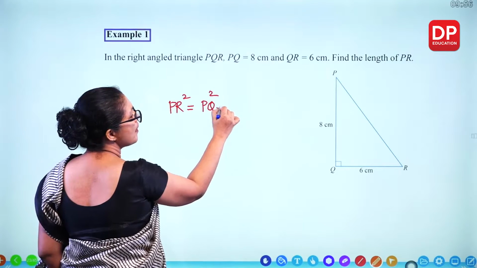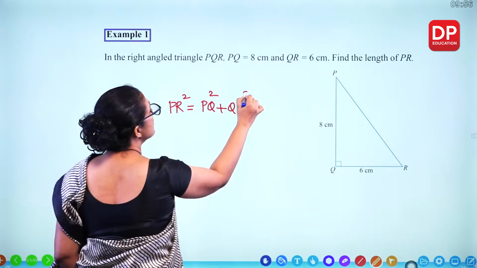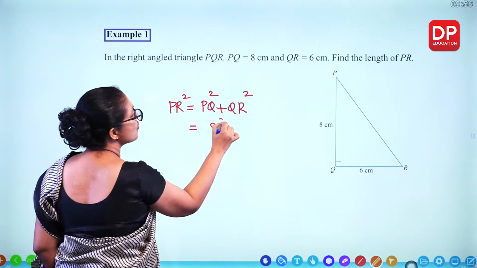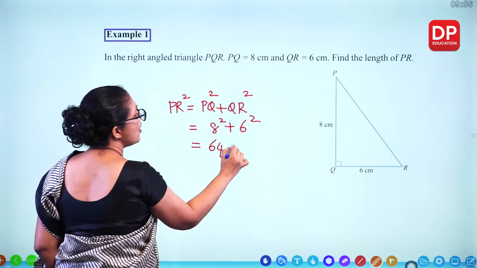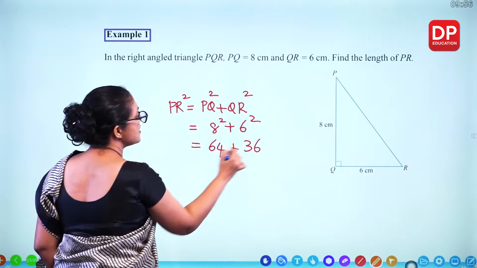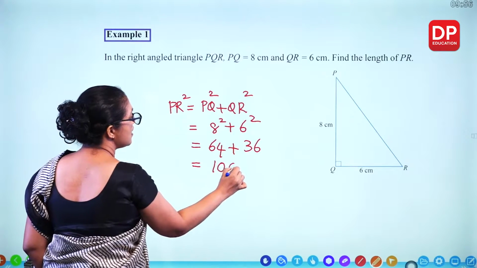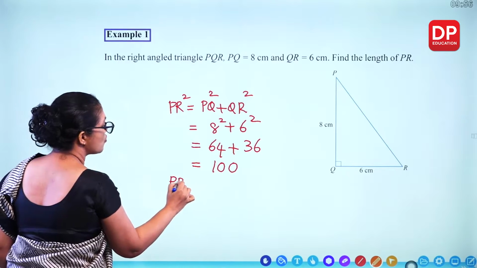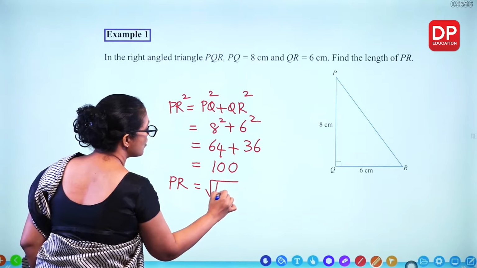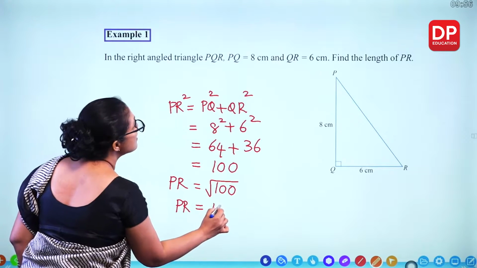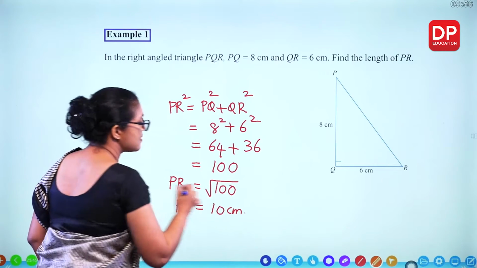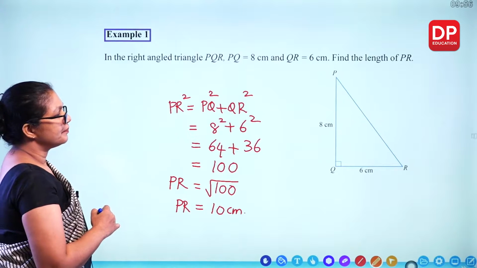PQ squared plus QR squared. 8 squared plus 6 squared. 8 times 8, 64. 6 times 6, 36. When you add, you get 100. Take the square root both sides to get PR. So PR is 10 centimeters.